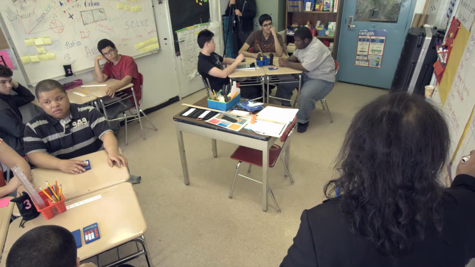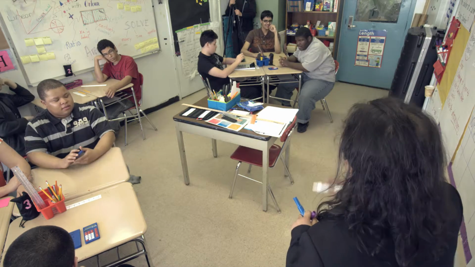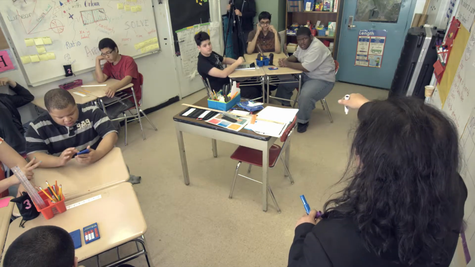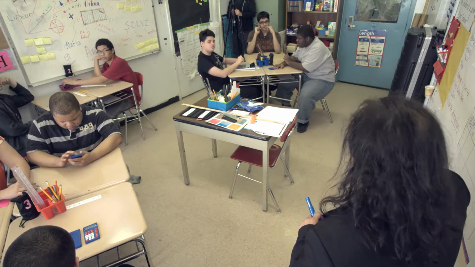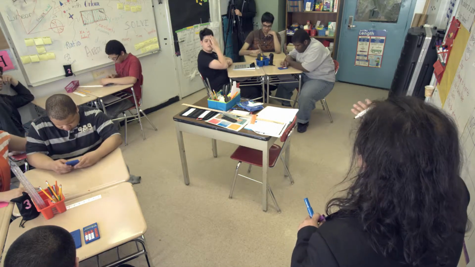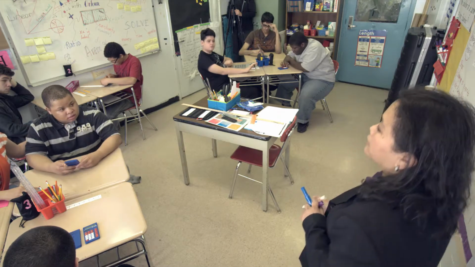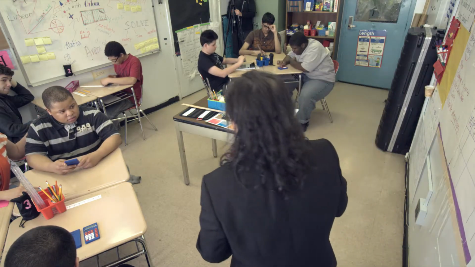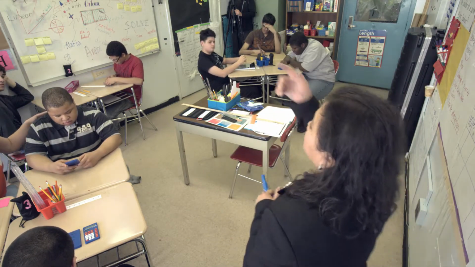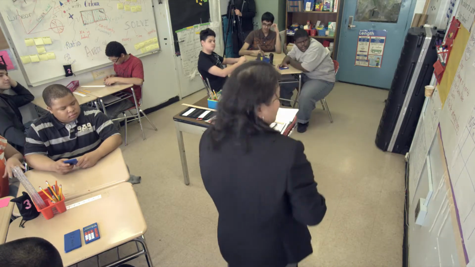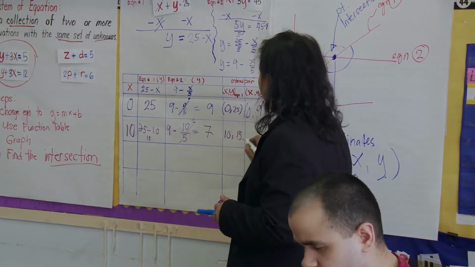Now what is 10 over 5? 10 divided by 5. What's the answer? That's 2. Okay, this is 2. 9 minus 2, Alberto. 9 minus 2? 7. All right. Okay, what are the coordinates here?